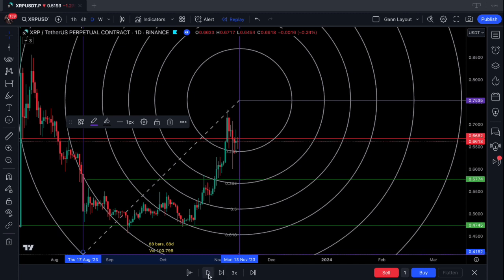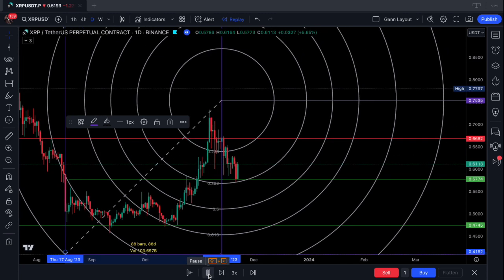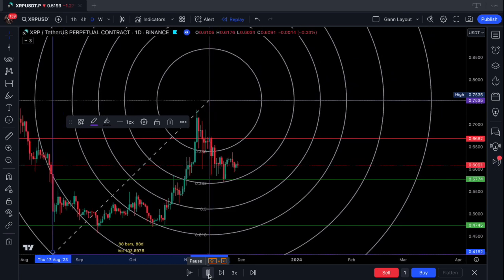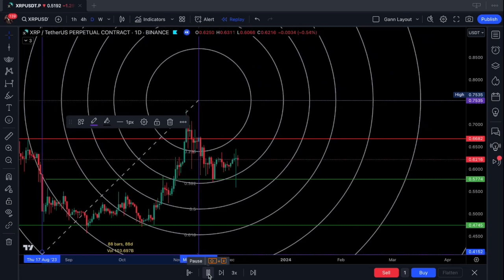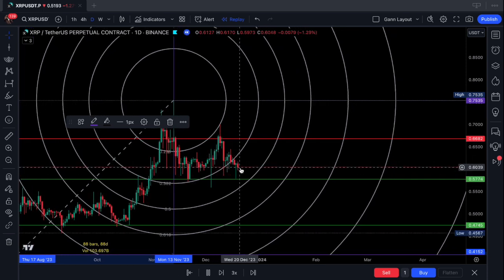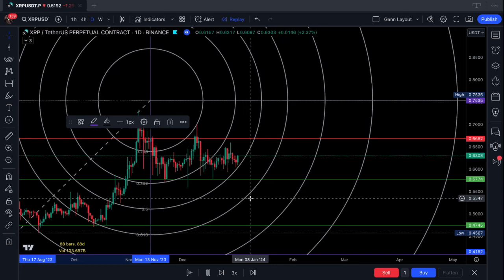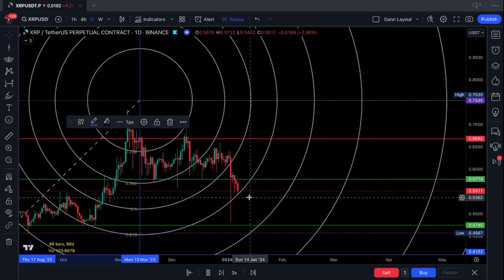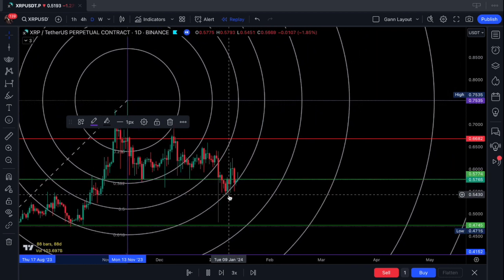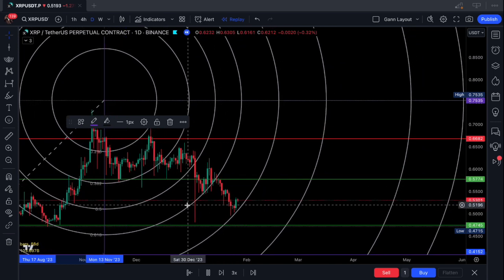And play. Reaction, reaction, slipped through. Another small reaction. Here it reacts very well to the point 618. No wonder.